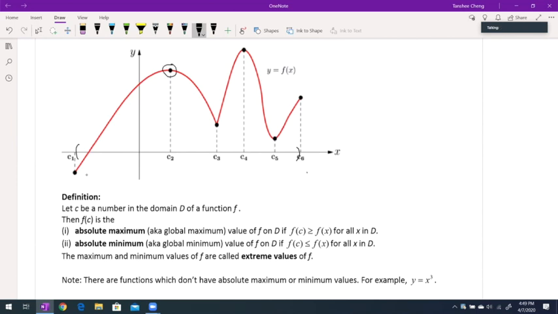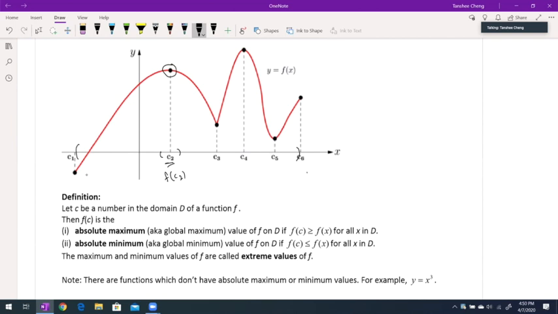when close to, not the entire domain, when it's close to that particular C value in the open interval, f of C is the highest value in this interval. Right? Not in the entire interval, okay? Close to that.